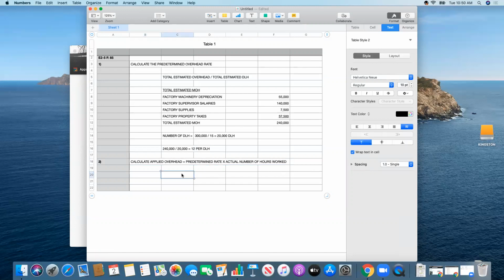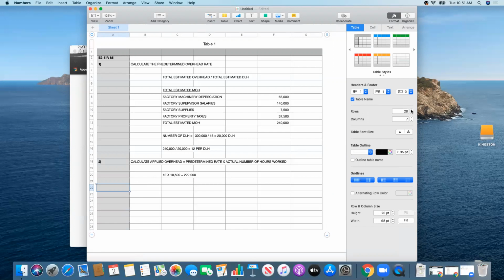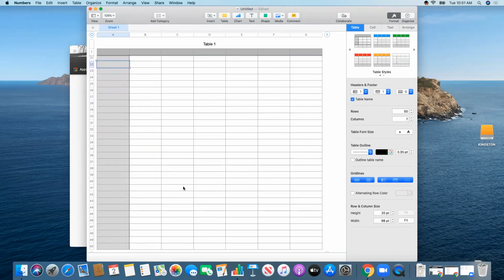So in our case, it's $12 an hour times 18,500 actual hours worked, which comes out to be $222,000. So that is exercise 5, part 1, part 2.